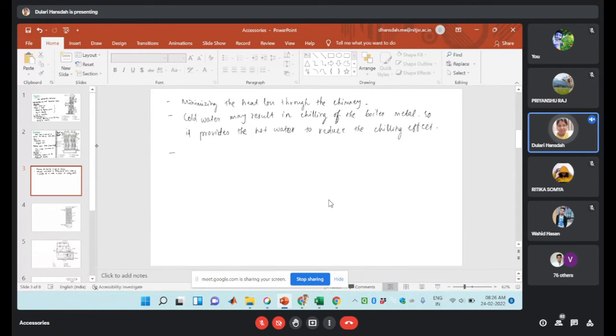Another advantage is that there will be uniform distribution of temperature on the boiler surface, so that there will be a reduction of stresses due to unequal expansion. Okay, so these are the advantages of the economizer.